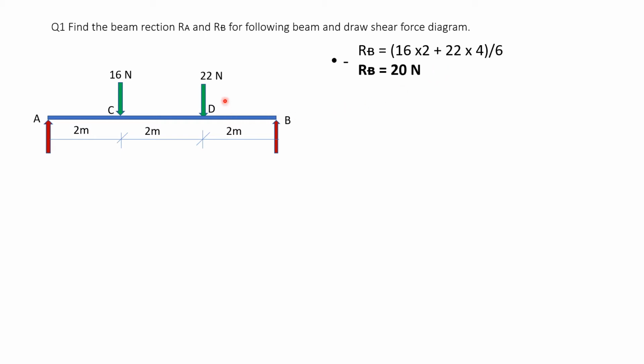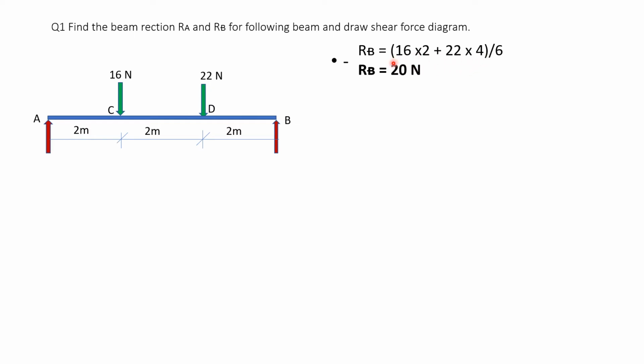Now for this 22 Newton, it is 22 into distance from A, which is 4, and the moment is clockwise. So plus 22 into 4. Put this whole thing in bracket, divide by the distance between A and B. That is here 2 plus 2 plus 2 is 6. So divide by 6 and put the bracket here at the beginning and here.